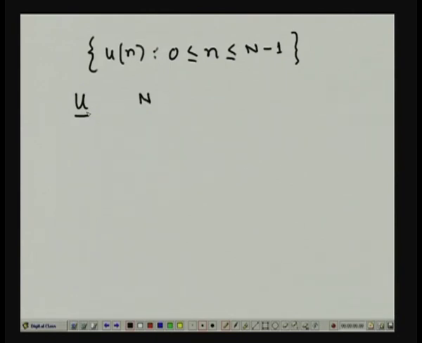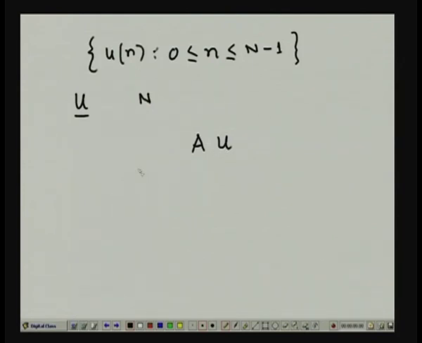And for transformation, what I do is I pre-multiply this vector u by a unitary matrix A of dimension n by n. So, you find that this u is a vector of dimension n, and I have a unitary matrix of dimension n by n.